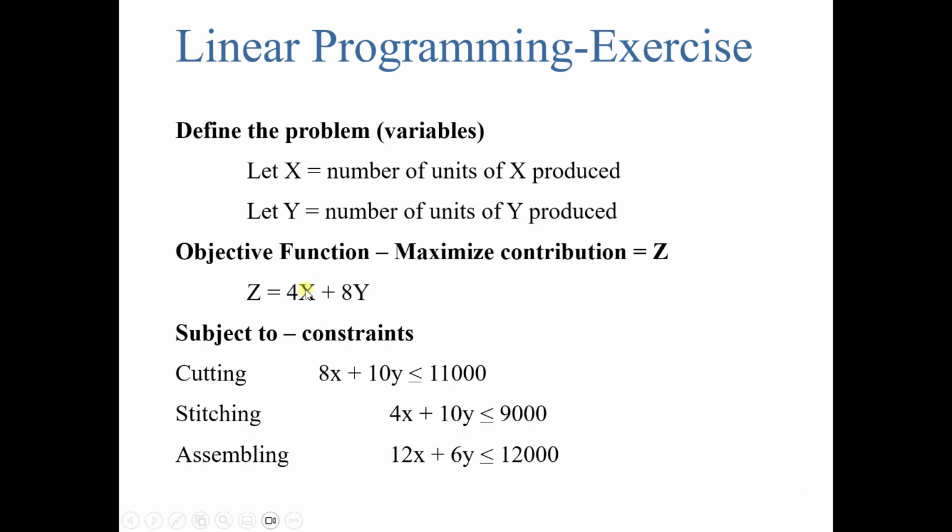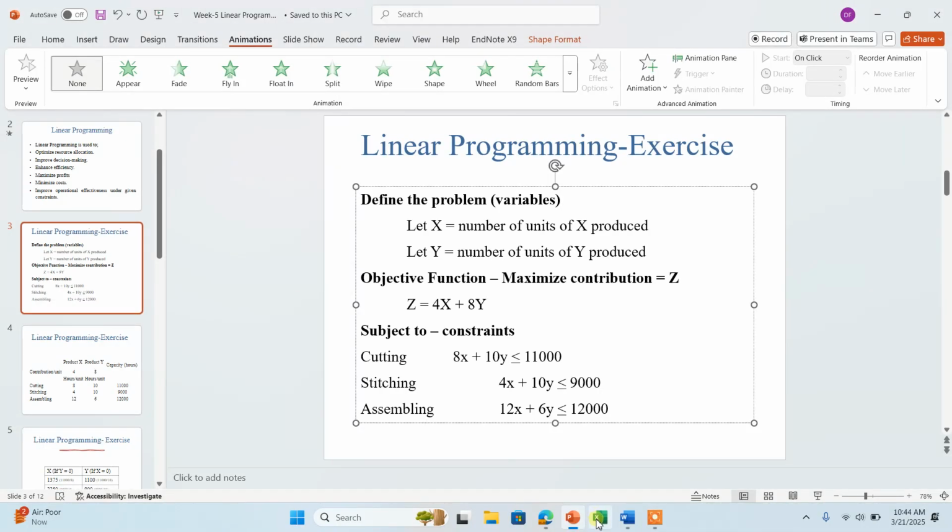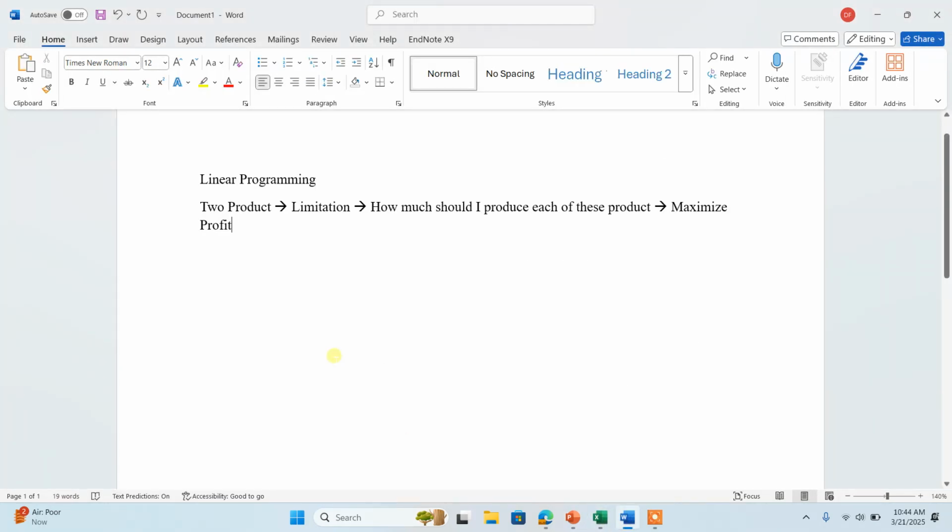So each unit of X is giving me 4 contribution. What do you mean by contribution? By contribution, if you remember, we mean sale minus variable cost. This is equal to contribution margin. So this is not a net profit. Fixed cost is not yet deducted. Only variable cost is deducted.